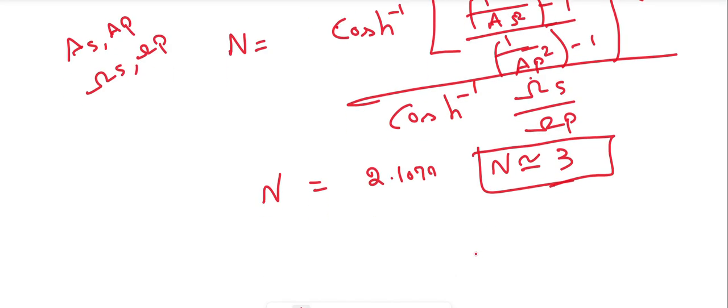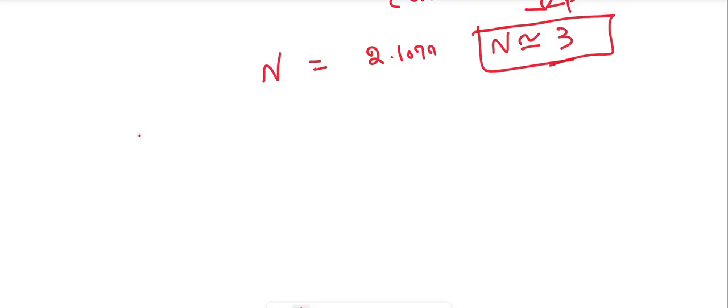Once you determine the order of the filter, once n is known, you can find the Butterworth poles.